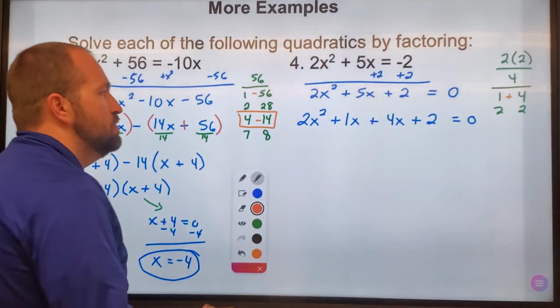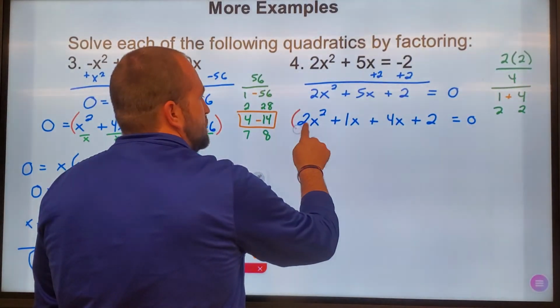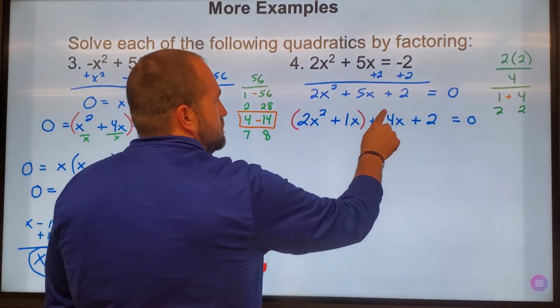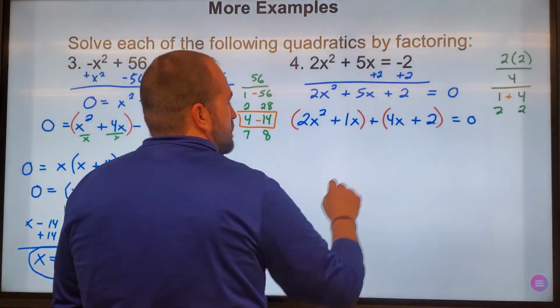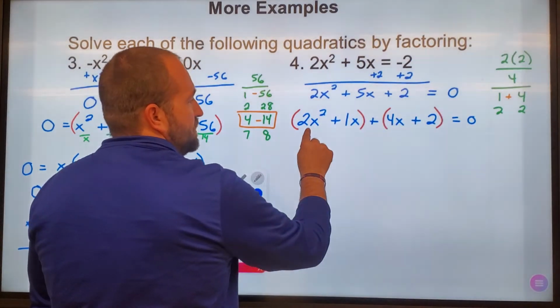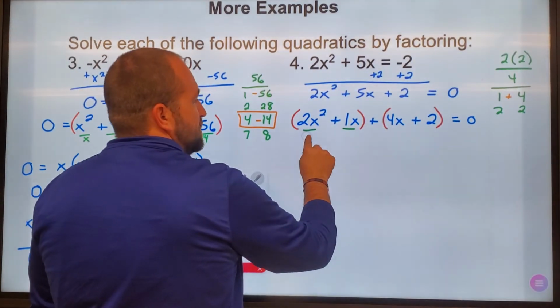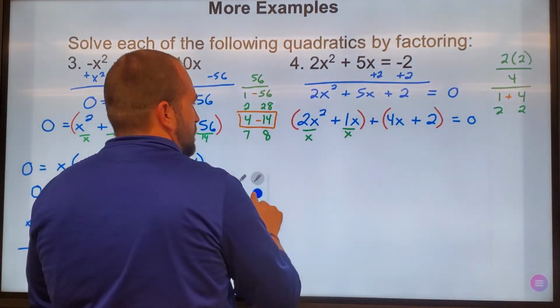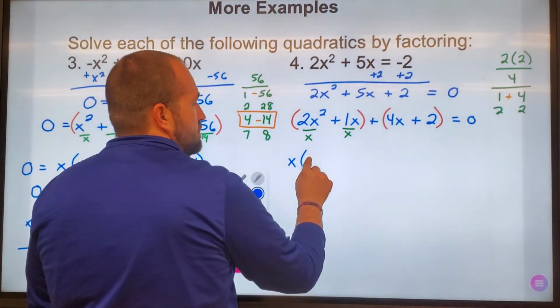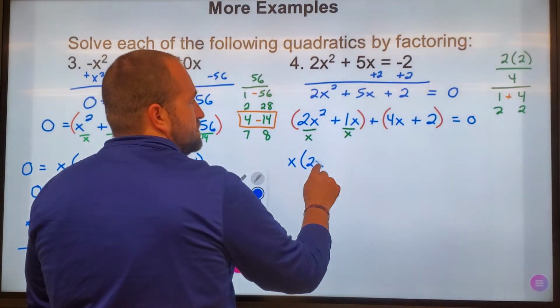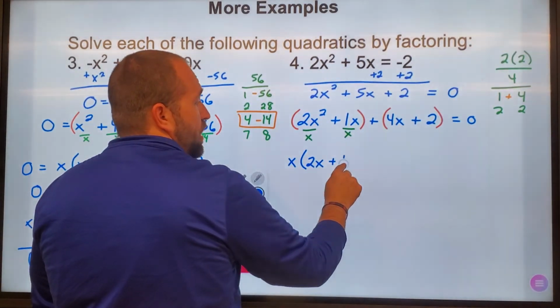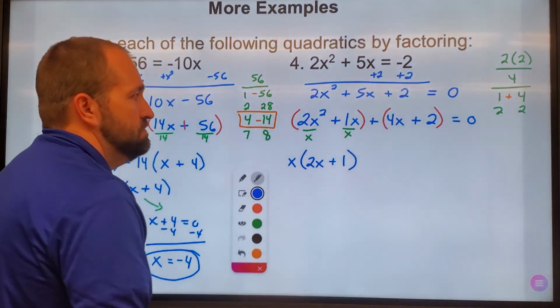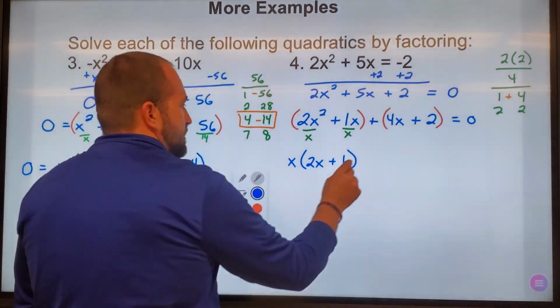Group the first 2, group the second 2, leaving the sign in the middle. So first 2, leave alone. Last 2: what do they have in common? I can divide both of these by just an x, which gives me x times 2x plus 1. Plus sign comes down.